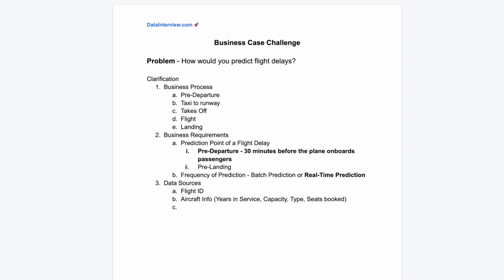And I would also have information about the actual departure time and the scheduled departure time. And the other time points I would also have are the actual landing time and scheduled landing time. Other information would include the gate number, the terminal number, and finally the airport name.